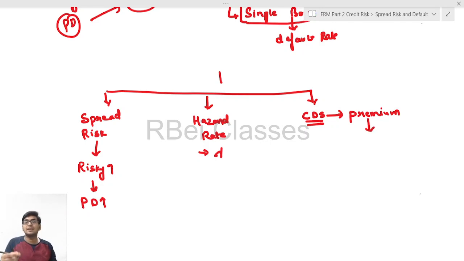If the premium is high, what does this mean? The bond is risky, and if the bond is risky, the probability of default is also very high. Clear? So we are going to study the chapter in three different parts: spread risk, hazard rate, and CDS. The chapter is very simple, easy to understand, nothing complicated.